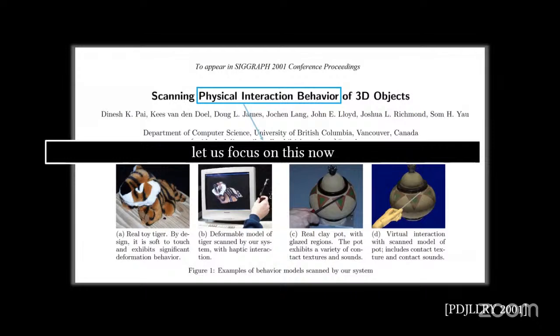But yeah, now you have all of these measurements, and you now want to focus on how you get the physical interaction behavior from all of these measurements. So the goal is you do all of these measurements, and then later do some new kinds of simulations.